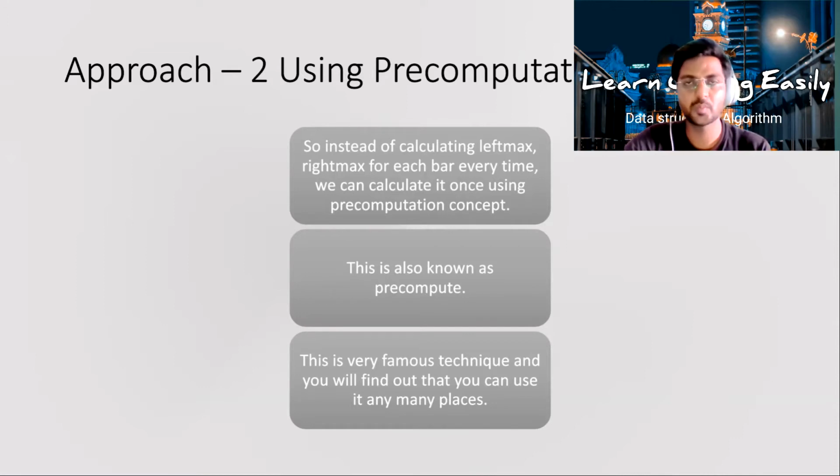Means we will first calculate the maximum height from left and right, and we will store it in an array. Now instead of calculating every time, we will use the previously computed left max height and right max height. This is one of the very famous techniques, and you will see that we need to use this technique in a lot of problems which are based on algorithms.